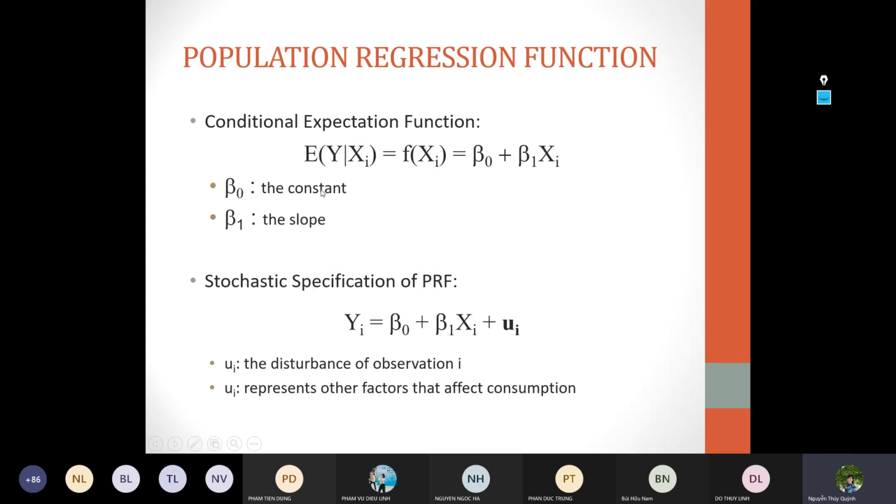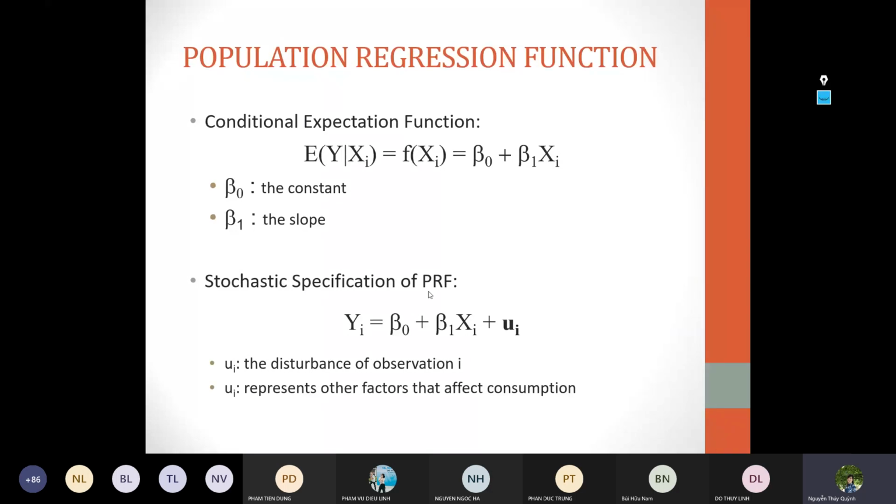However, you can see that the relationship between X and Y, the two variables, is a statistical relationship. That's why we have another way to express the population regression model. That is the stochastic specification, the stochastic form of the population regression model.